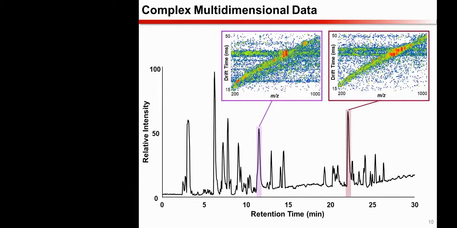As you can see, each one of these peaks has a lot of features, so there's really a lot to tease out in this data. We're also only looking at the low energy or precursor scans here, and this can get even more complex when we start looking at those high energy fragmentation scans as well.